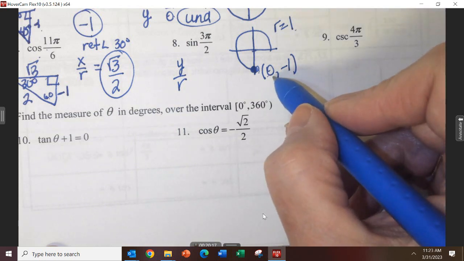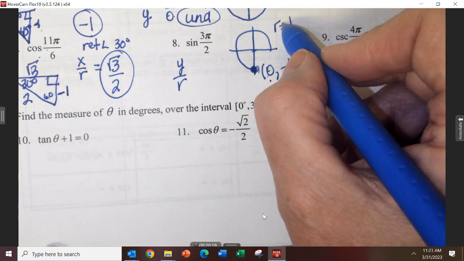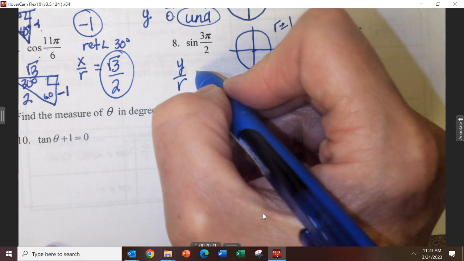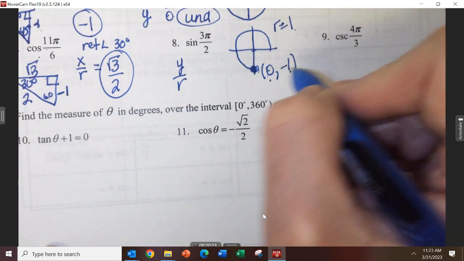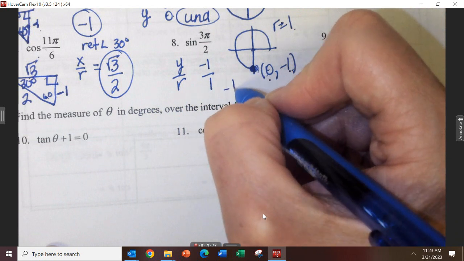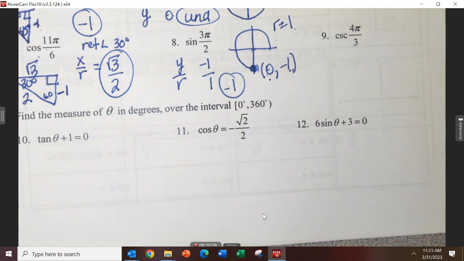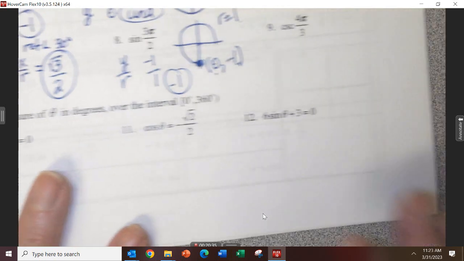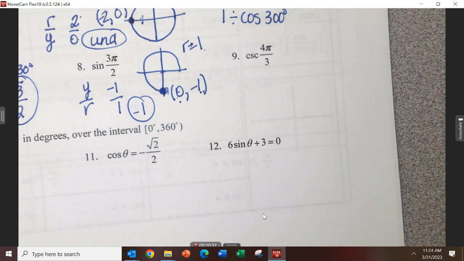What's my y value? This is x, this is y, this is r. What's y? -1 divided by 1 is -1. Does it make sense now? Okay. All right, try cosecant of 4 pi over 3.